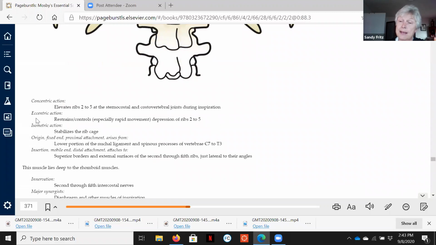And then when it's asked to act eccentrically, when it's starting to elongate and control, restrains and controls, it's going to work with the opposite movement here. It's going to control the depression of these ribs. And if it's functioning isometrically, which means there's no movement, but an increase in tone, it's stabilizing the rib cage.